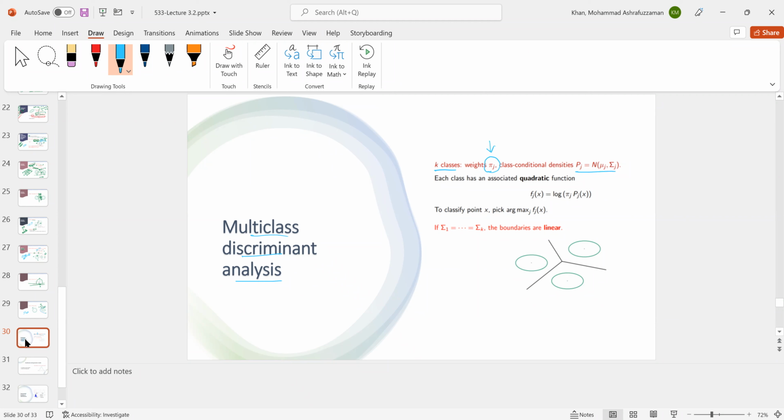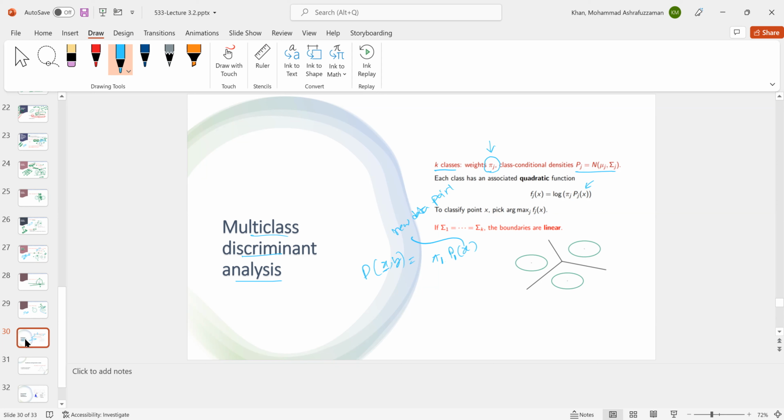Then, when we get a new data point for classification, we calculate the joint probability for class 1. X is the new data point, and we do the same for the other classes.